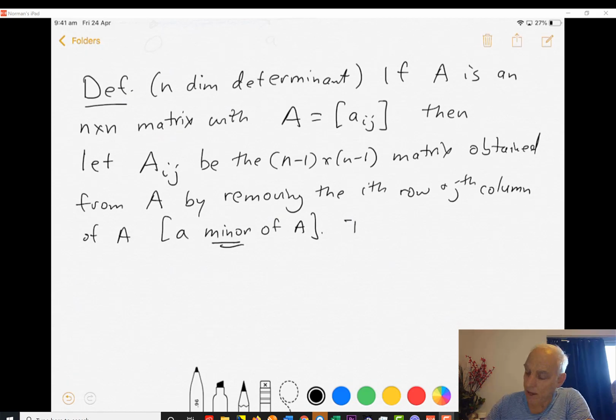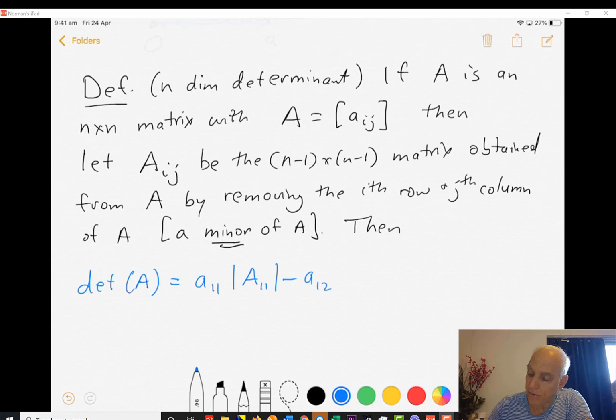Then our definition is that the determinant of A is a11 times the determinant of A11 minus a12 times the determinant of A12 plus, and then alternating plus and minus till you get to the nth one. The nth one will be a1n times the determinant of A1n with a minus 1 to the n in front of it.